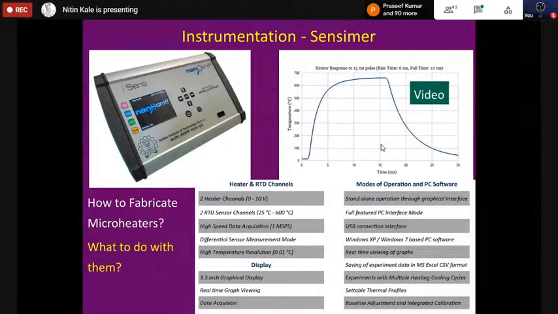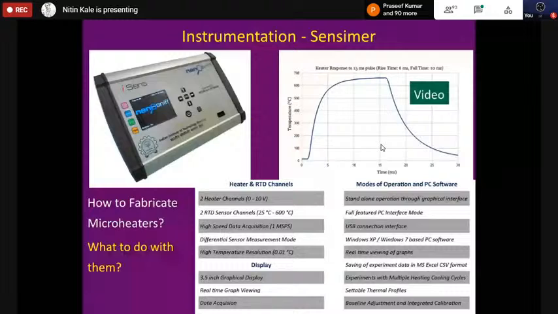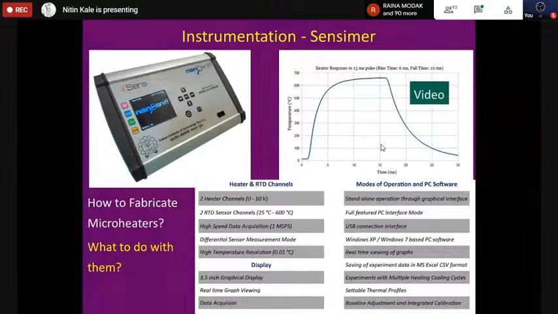What could be interesting for you people is something like this. If you put a grain of salt on the micro heater membrane, then the thermal mass of the micro heater increases. So it will take more time to heat up, right? So the rise time is going to be more.